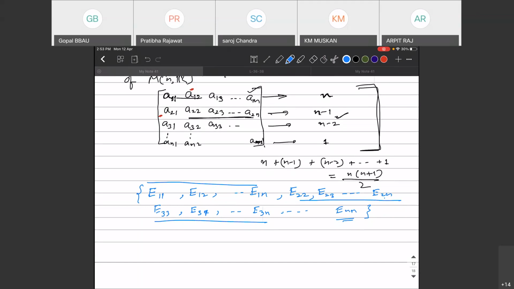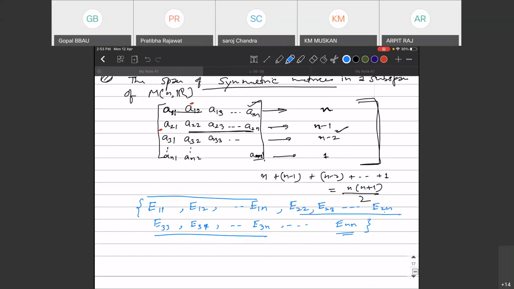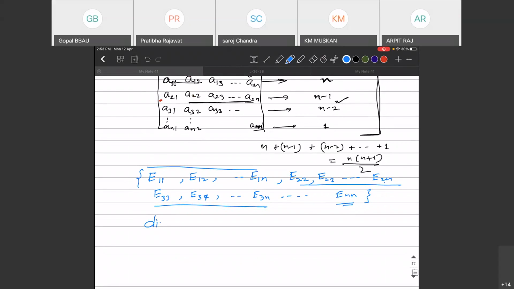Okay, so this is the idea. Please write a complete proof of this. Therefore, the dimension of the space of n cross n symmetric matrices is n into n plus 1 by 2.